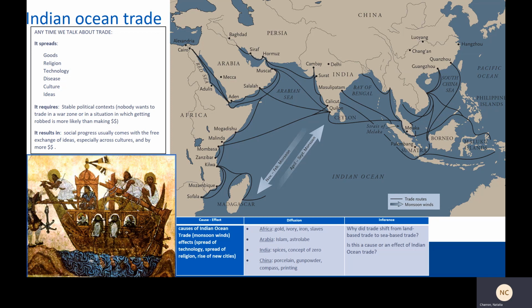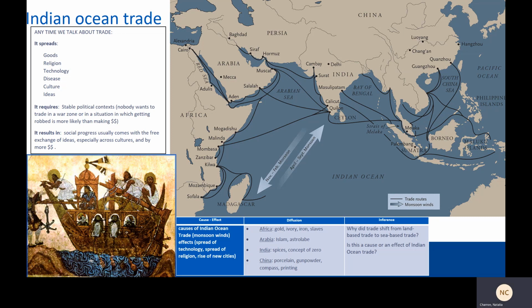Okay, so that's Arabia. From India, we get the diffusion of spices, very important, but also the concept of zero, fascinating. And from China, we get the diffusion of porcelain, gunpowder, the compass, and printing on paper. Consider the importance of these technologies. What difference would it have made in history if gunpowder had remained only in China?